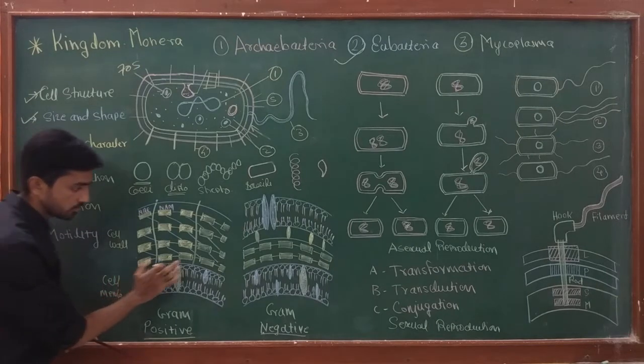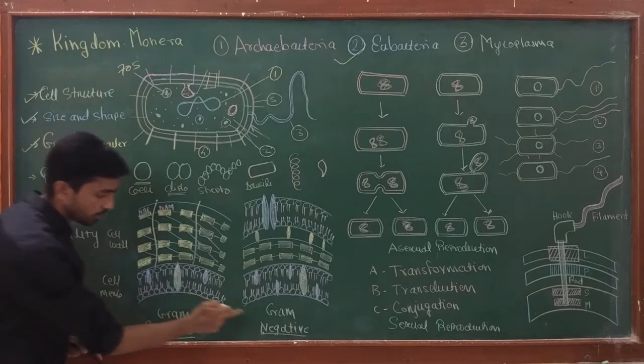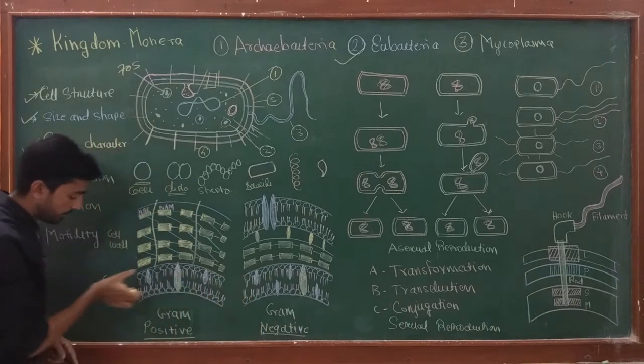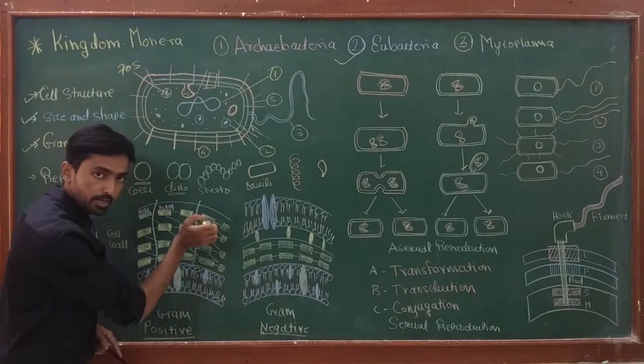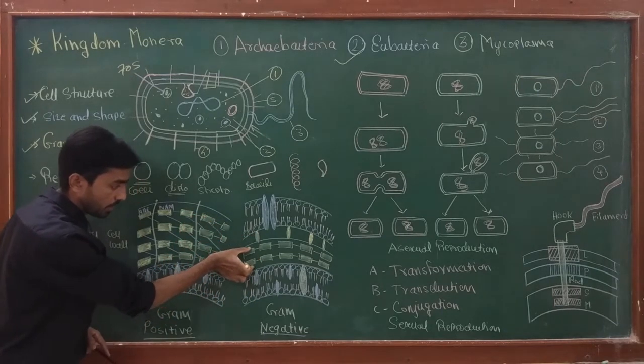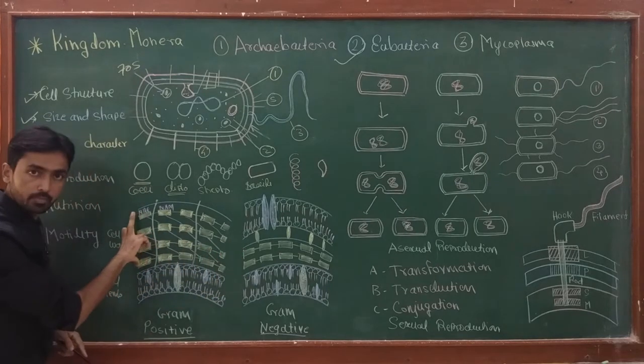When we compare this with the gram negative organism, you can easily find the difference. In gram negative organisms, the cell membrane remains the same, a phospholipid bilayer, but outside the cell membrane you can find a peptidoglycan layer which is very thin compared with the gram positive bacterial cell wall.